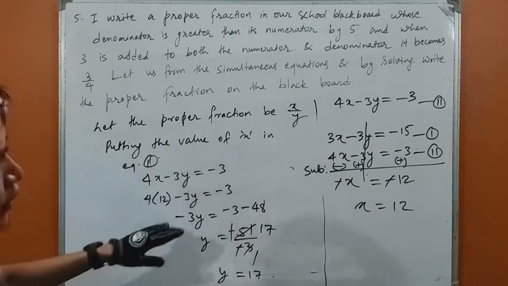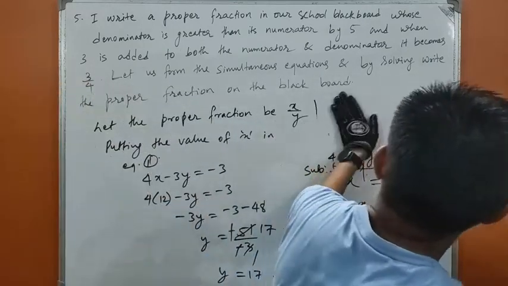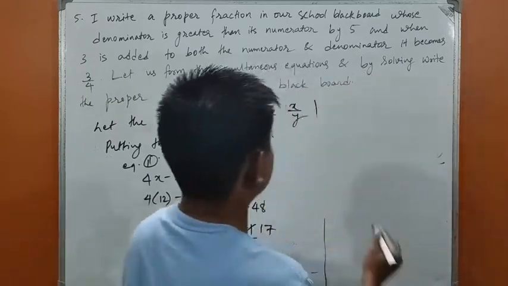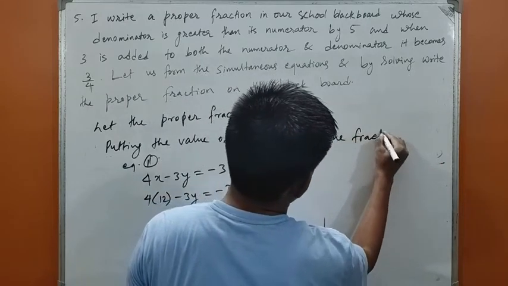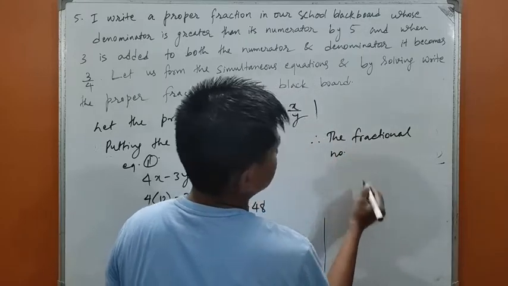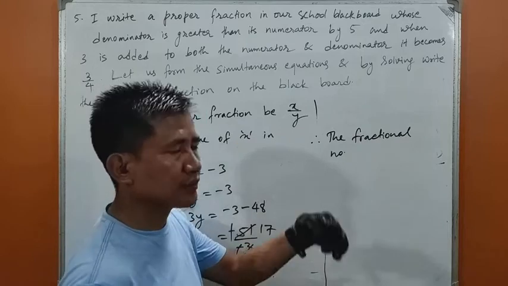Therefore the fractional number is, let me erase this. Therefore the fractional number, or the proper fraction, proper fraction means the number in which the denominator is greater and numerator is smaller, isn't it?